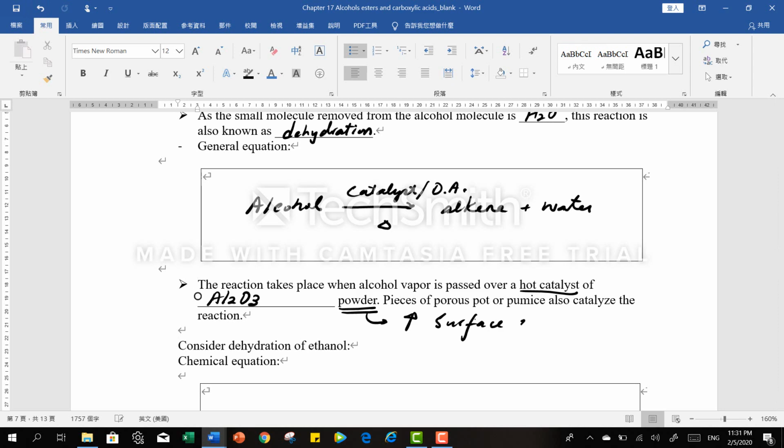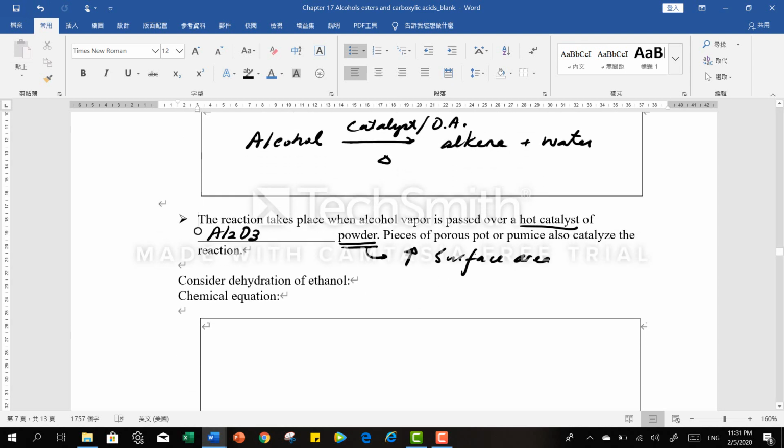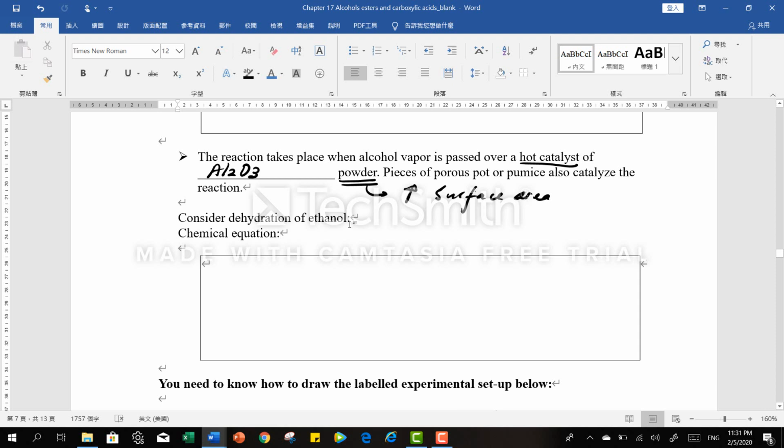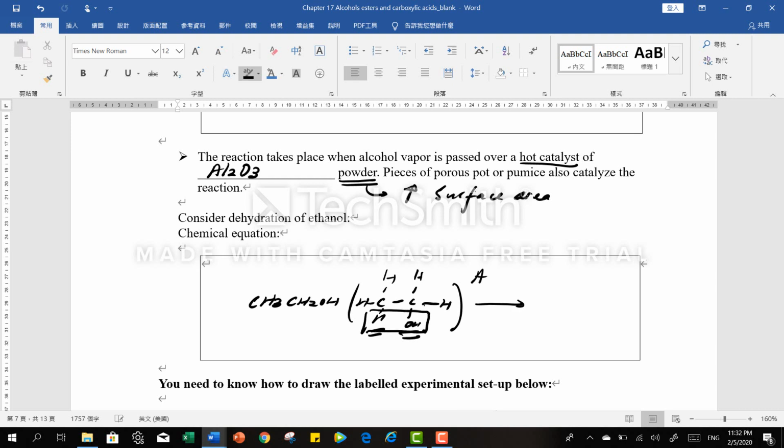Surface area. Okay. Let's take a look at ethanol. Have you tried the question yourself? So basically it's CH3CH2OH, right? Now can you see that the OH and H are next to each other? So with a proper dehydrating agent like Al2O3, this water can be pulled out, right?